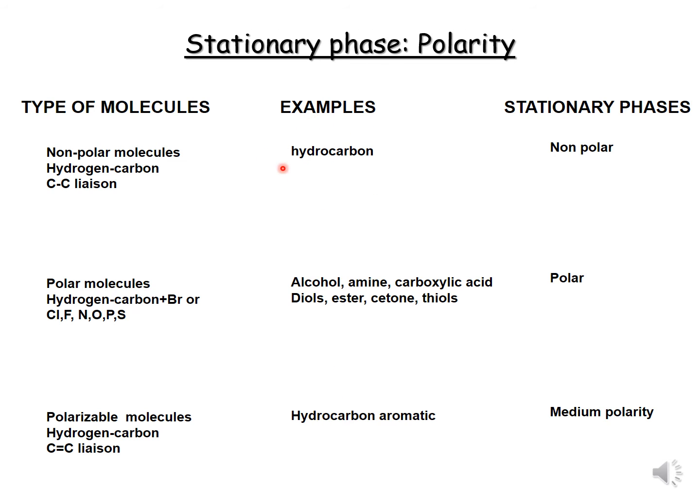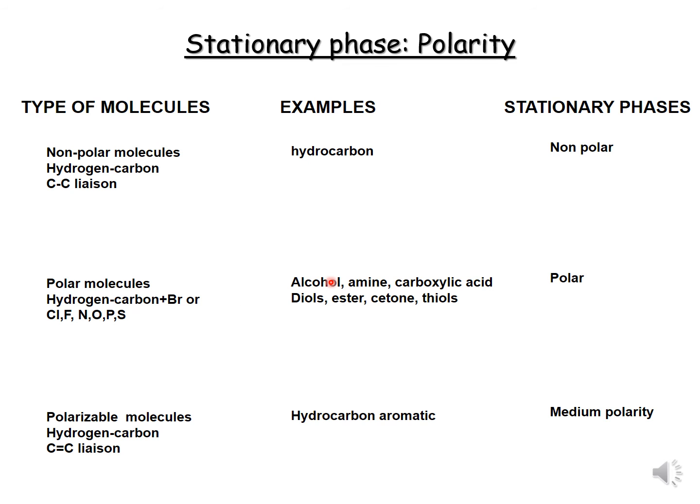For example, the hydrocarbons, which are of course non-polar compounds. This is hydrogen and carbon, C-C links, etc. If I have hydrocarbons, I have very non-polar molecules, and if I want to separate these non-polar molecules, I need non-polar stationary phases.